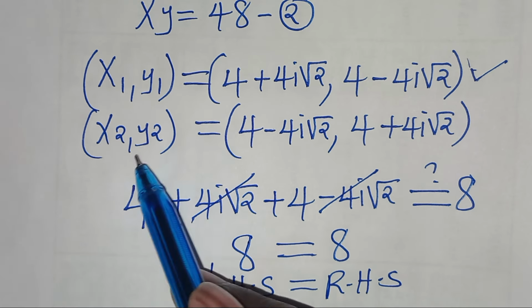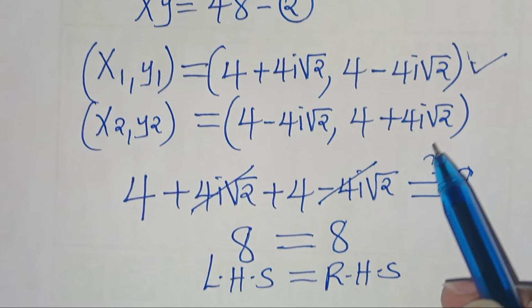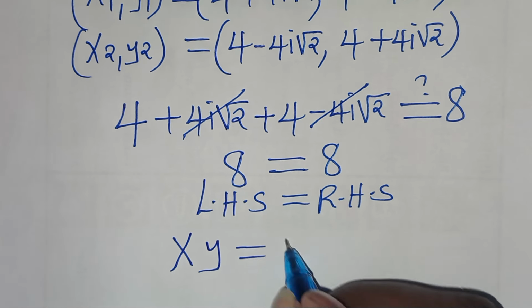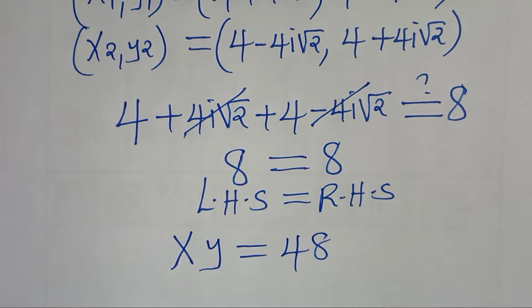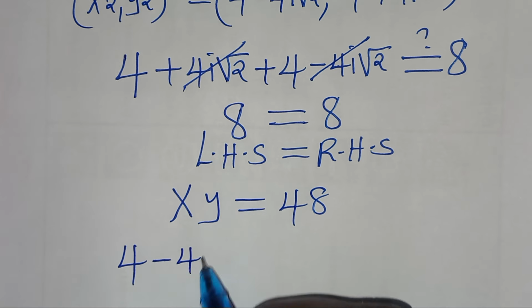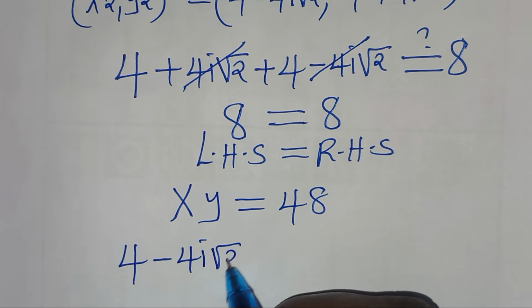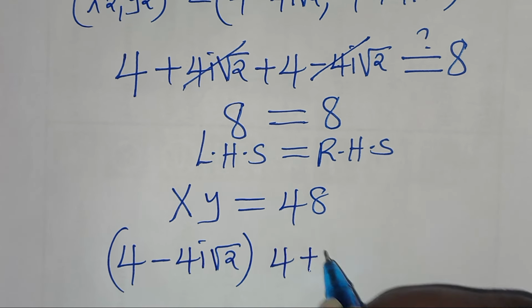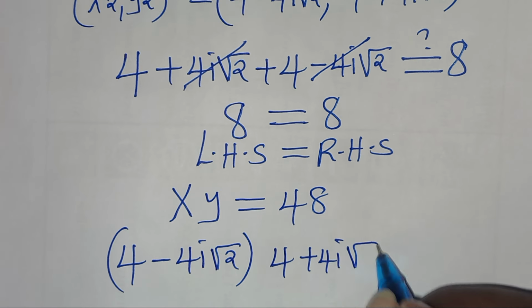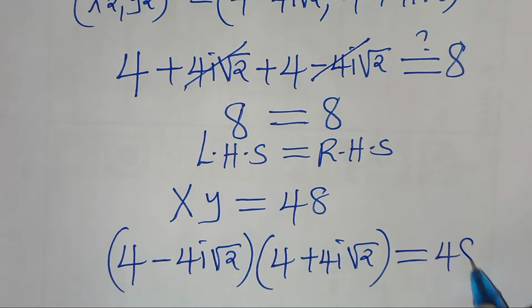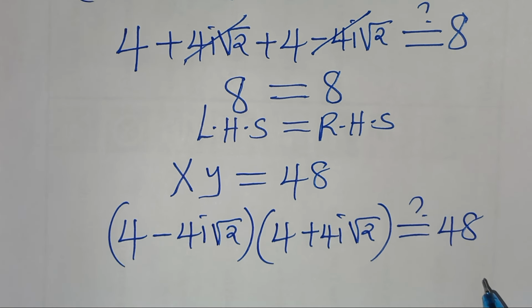Let's check x2, y2 by checking with equation 2. Equation 2 is x times y. This is equal to 48. Now we have 4 minus 4i square root of 2 multiplied by 4 plus 4i square root of 2. This is supposed to give us a value of 48.